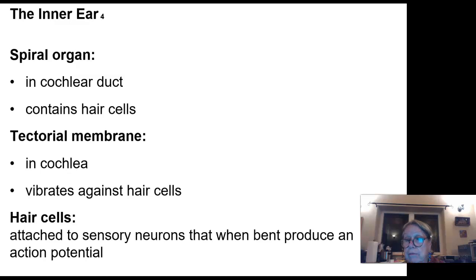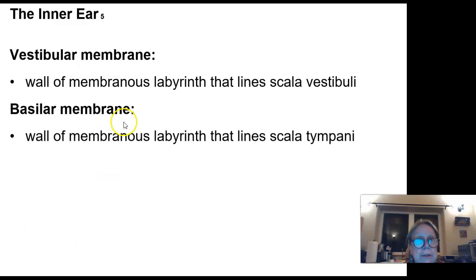This is important for converting sound waves into nerve signals so you can hear the actual sound, because up until now it's basically sound waves. You also have a vestibular membrane and the basilar membrane. The big thing is the cochlea.